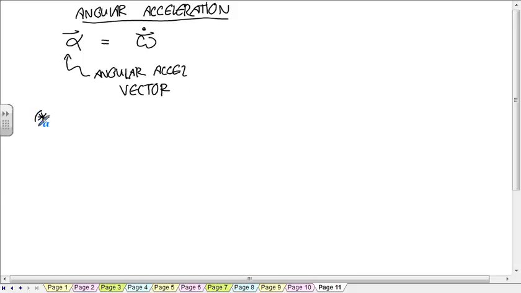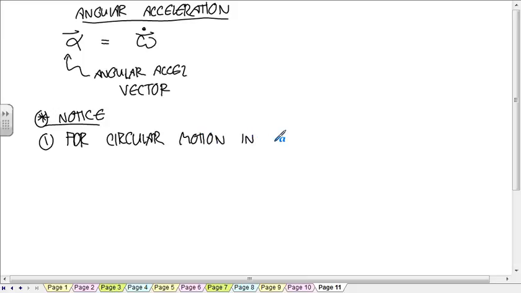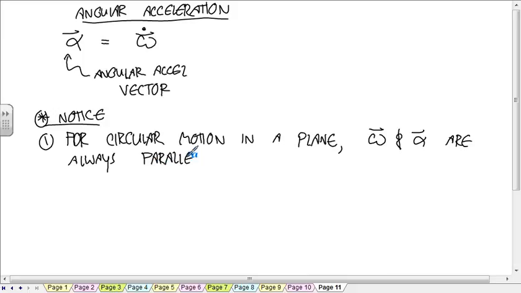A couple of things to keep in mind about angular acceleration. For circular motion in a plane, the angular velocity vector and the angular acceleration vector are always parallel to each other.